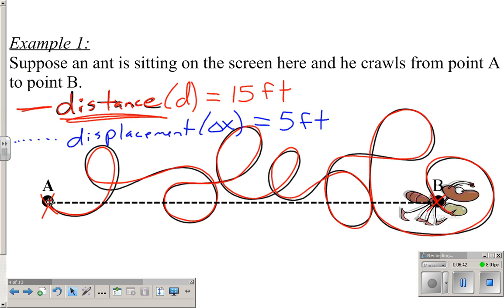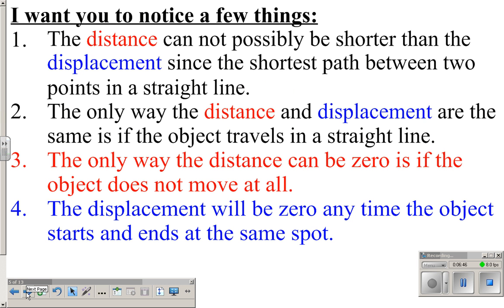So there we go. So I want you to notice a few things about this. First of all, the distance cannot possibly be shorter than the displacement because the shortest path between two points is a straight line. Okay. In other words, if I'm going to walk from A to B and I want my distance to be as short as possible, then I'm going to walk in a straight line, right?